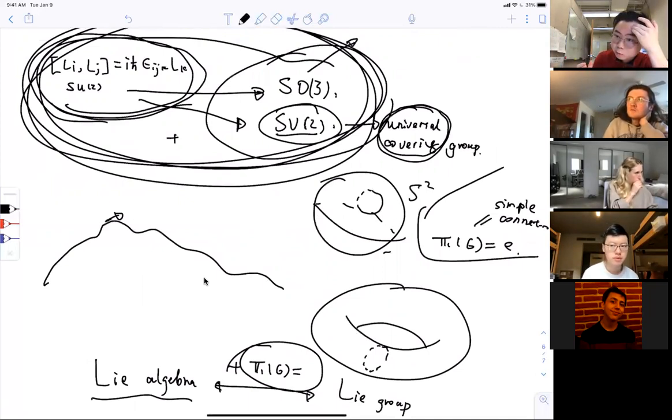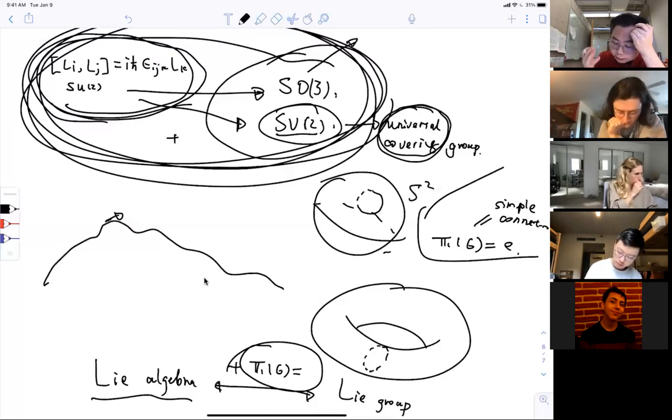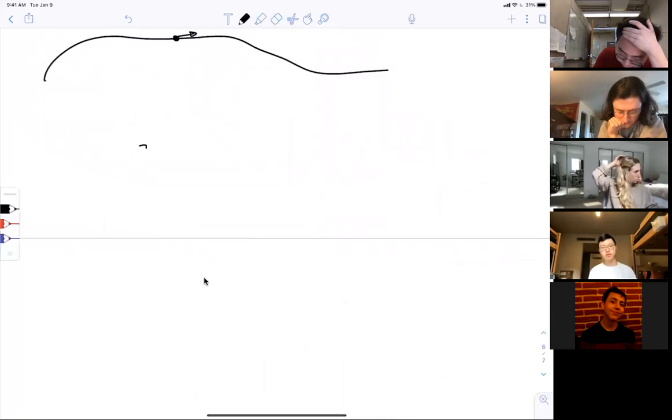That means we really only care about this SU2, because other groups can be obtained by doing some operations on this group. And this is also universal covering because, as I'm pretty sure you know, this relation.